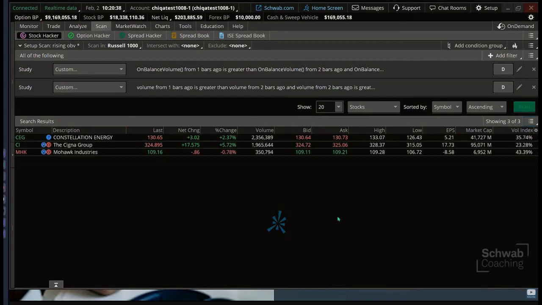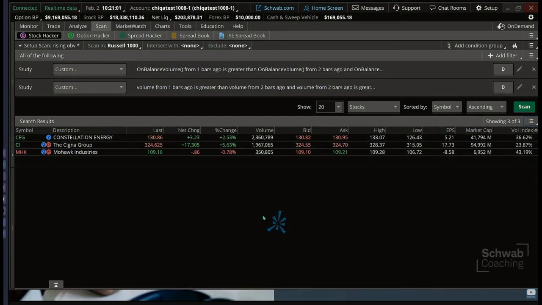So what we have here then is 3 stocks where we basically have a rising on-balance volume line, and the volume over the last 2 or 3 days is picking up.